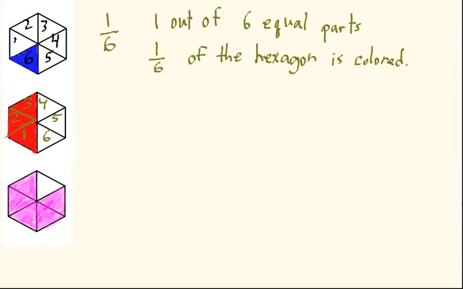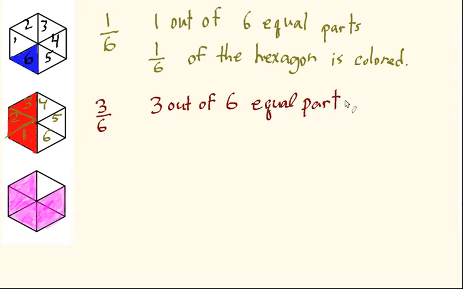And of those 6 parts of the hexagon, what portion is actually colored in? You'll notice, in fact, 3 out of the 6. So it's actually 3 out of 6 equal parts.